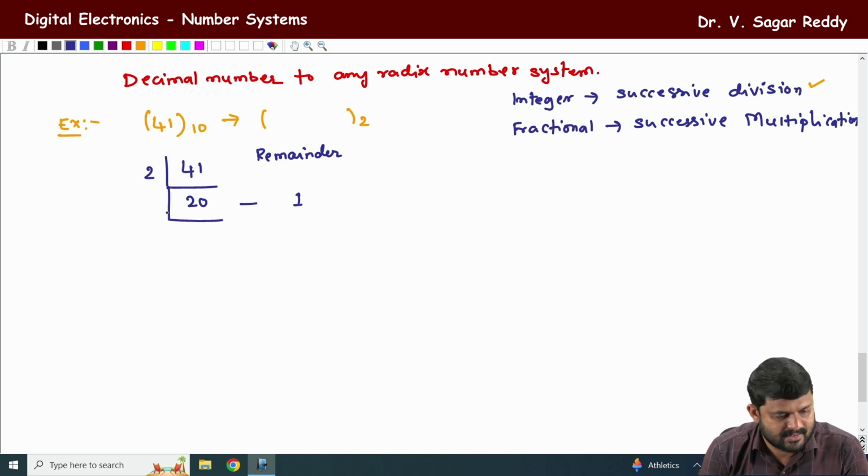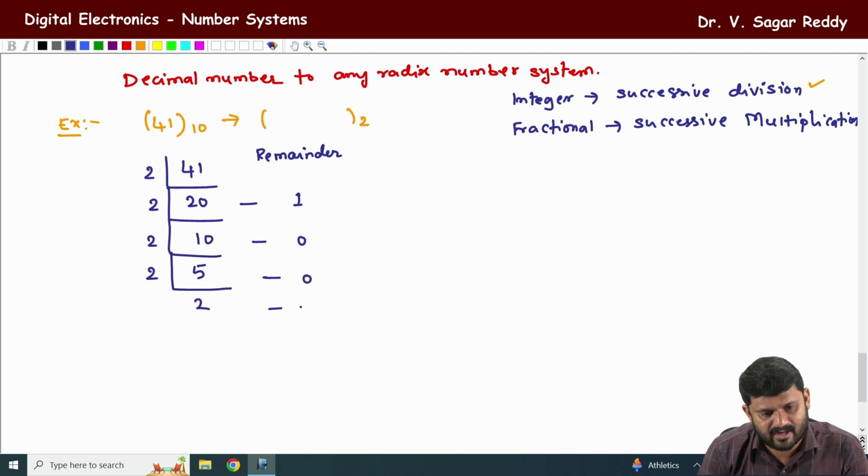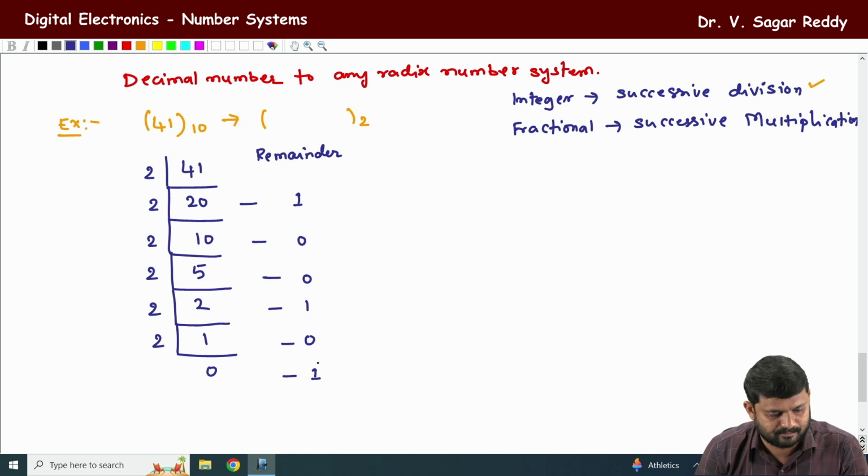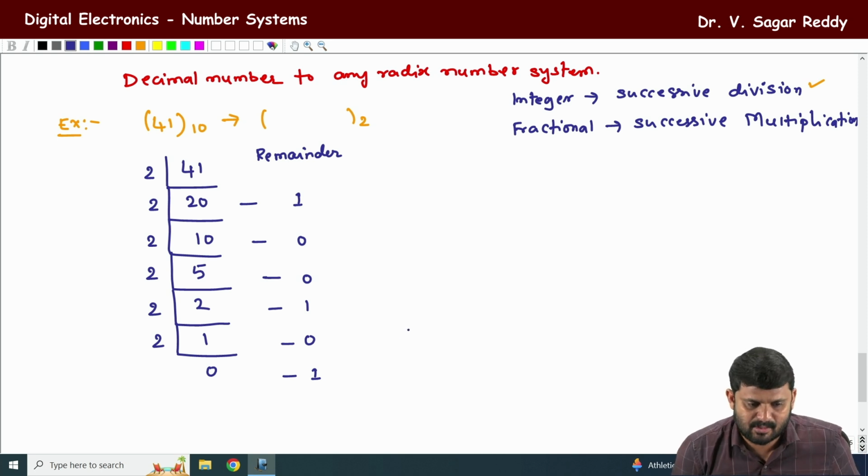Now 2 times 10 is 20, remainder is 0. 2 fives are 10, remainder is 0. 2 twos are 4, remainder is 1. 2 ones are 2, remainder is 0. Then remainder is 1.